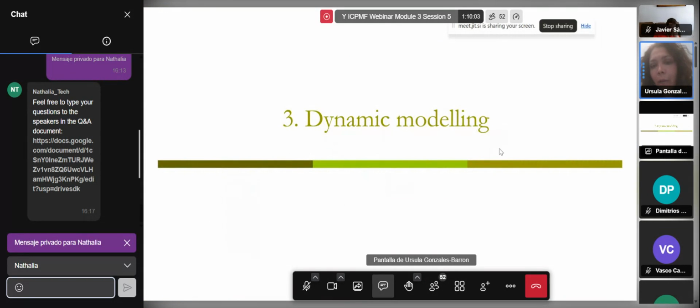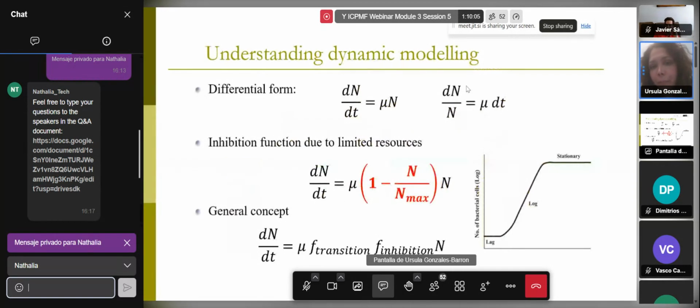Now, finally, I want to talk about the dynamic modeling to differentiate from the classical static modeling. But for me to explain this part, I have to go back to the differential form. So this is the primary model. It could be for growth or for death.